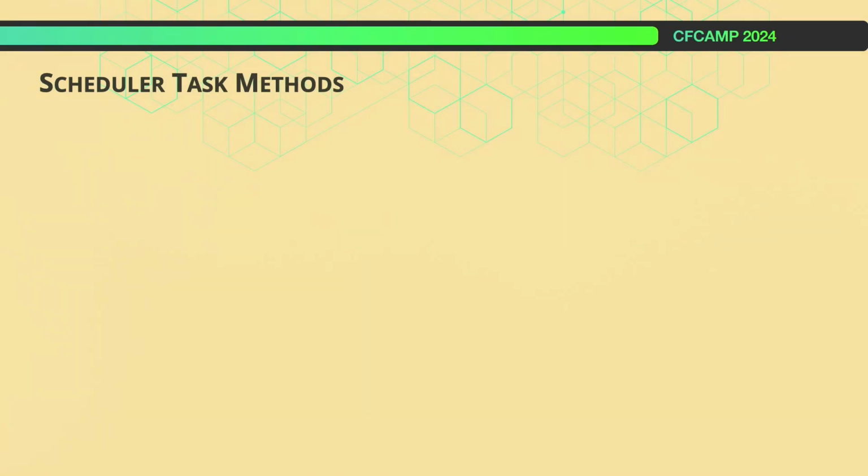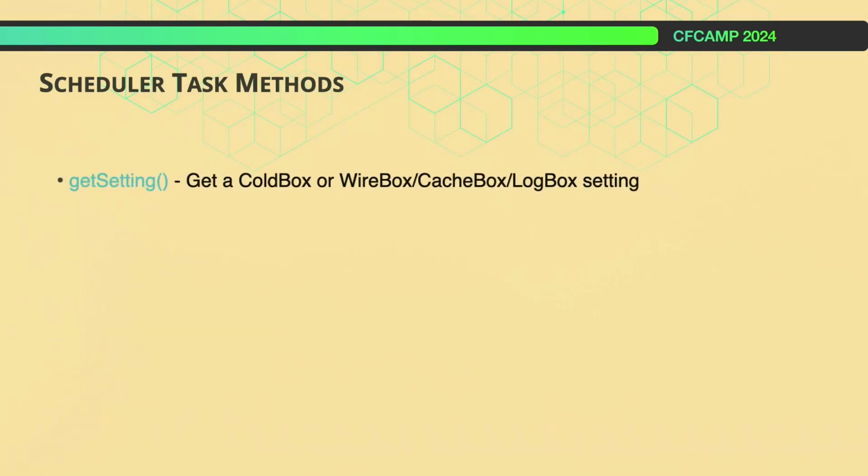Then we start getting a little bit more of the tasking. Right? What do we do with it? Well, if you are in a ColdBox environment, you can say, give me a setting. That will give you a setting from ColdBox. If you're just in a normal standalone mode, right, WireBox, CacheBox, LogBox, or BoxLang, it will retrieve a setting from wherever you set. Getting an instance of an object, if you're using WireBox, you can have access to the dependency injection framework.